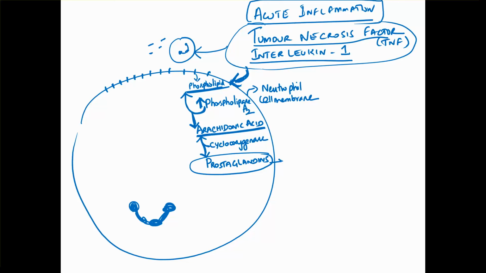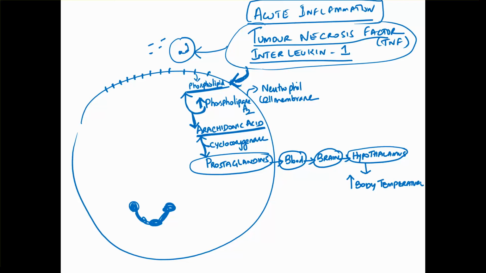This prostaglandin goes out of the neutrophil, goes to the blood, and then reaches the brain. In the brain they go to the hypothalamus, and they make the hypothalamus increase the body temperature.